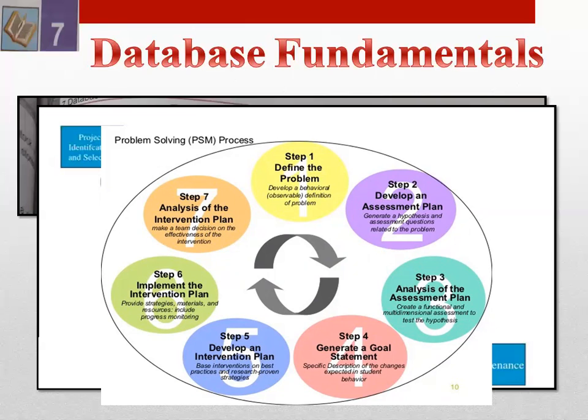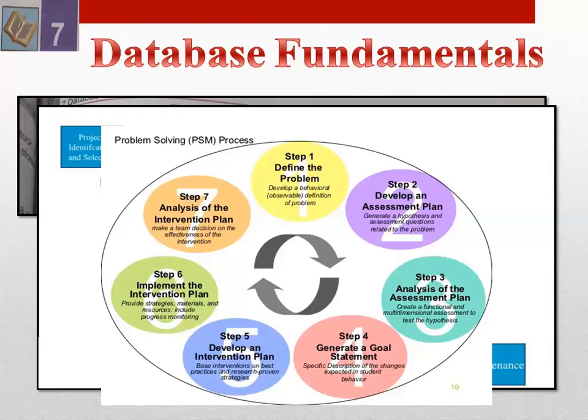Then the second is develop an assessment plan, generate a hypothesis and assessment questions related to the problem. Then analysis of the assessment plan, create a functional and multidimensional assessment to test the hypothesis. So in analyzing and documenting the existing system, here it will check in this phase: what does the existing system do, what do users need, what should the new system do, and the deliverable, a requirement statement.